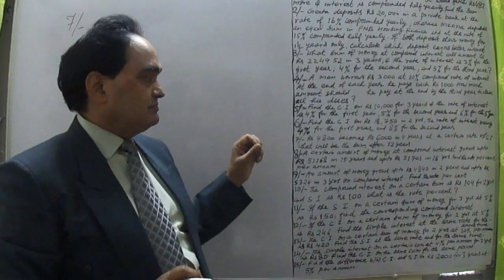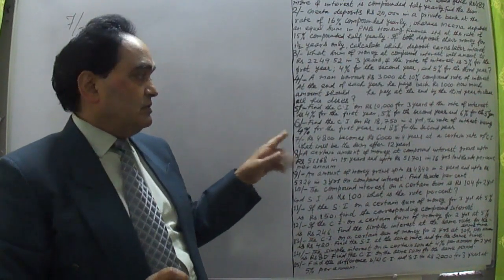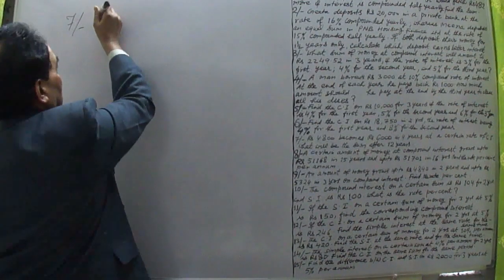So 4,800 becomes rupees 6,000. The principal and amount are given, in 4 years' time at a certain rate of interest. Let me now write it down here.